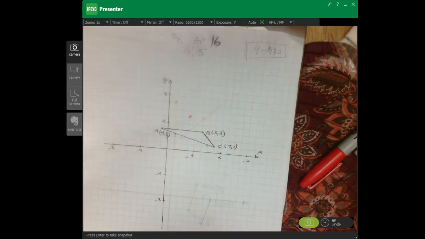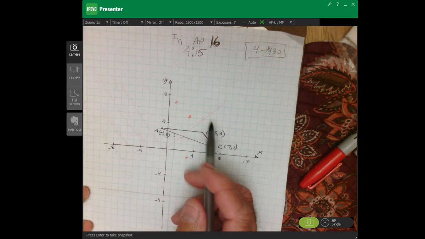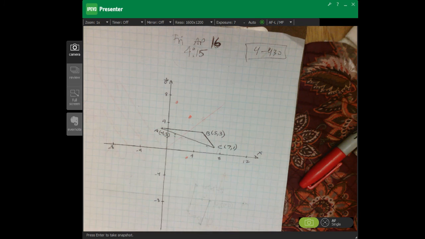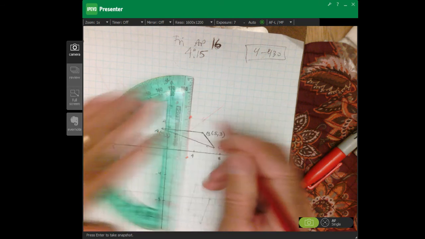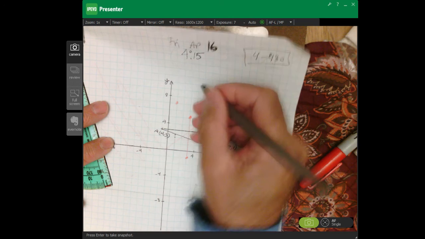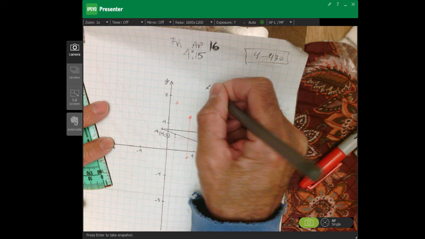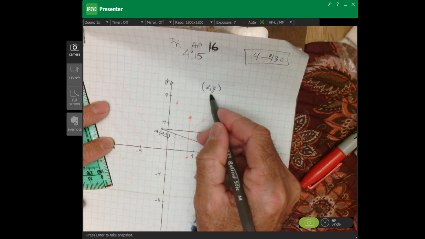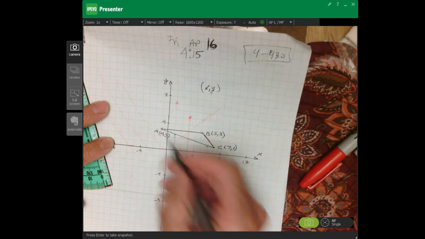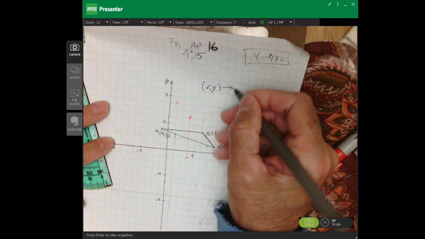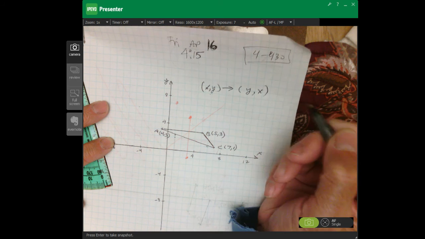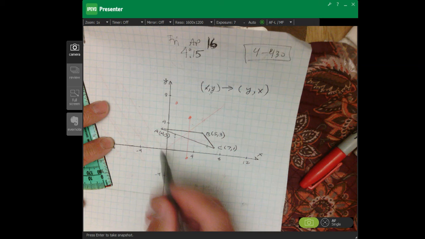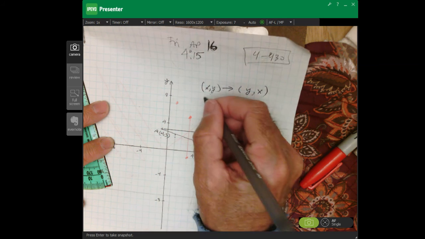Okay, so there are 2 ways of reflecting across the line y equals x. One, you can use the rule in coordinate notation. Whatever you start out with for x and y, all you do is you switch. So -1, 3.